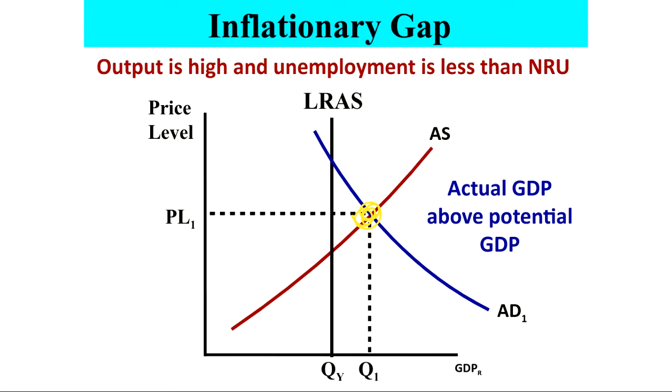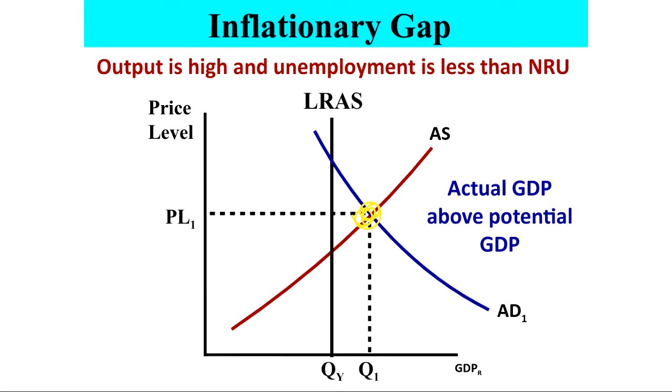So in an inflationary situation, output is high. I'm making a lot of stuff. Unemployment is very low. It means everybody's got a job and maybe extra. My actual GDP that I'm spending is way above what my potential GDP probably should be.